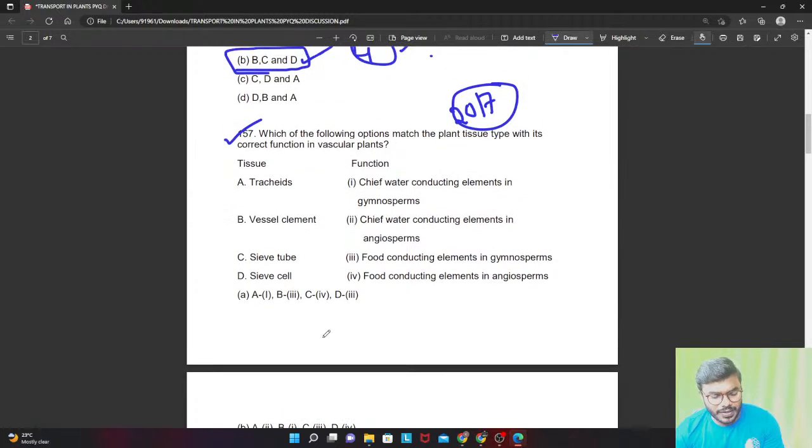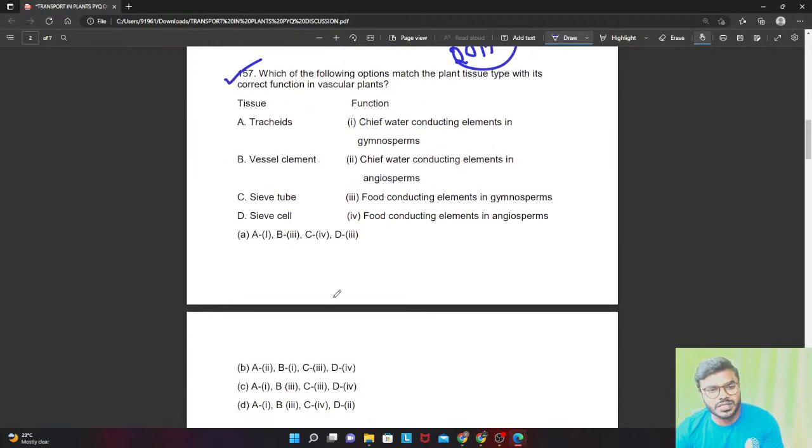Friends, actually, according to my knowledge, something went wrong. Options are wrong, friends. I want you people to type the options. The options given here are wrong. I think there is a typing mistake.